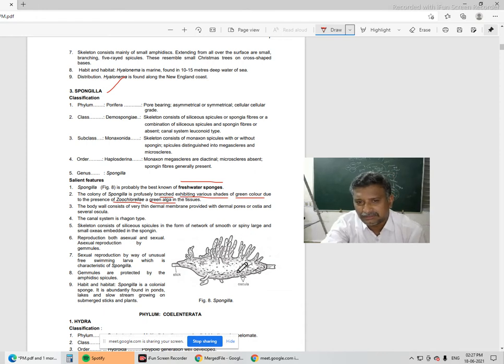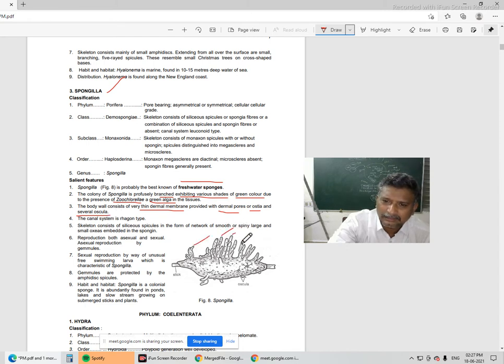The body wall consists of a very thin dermal membrane provided with dermal pores called ostia, and several oscula are there.